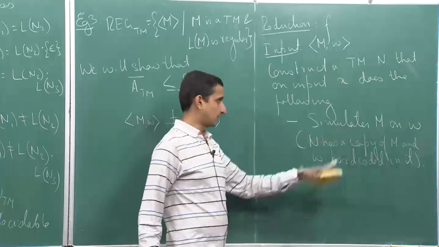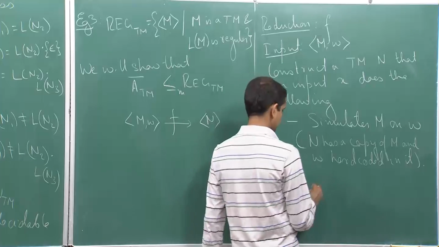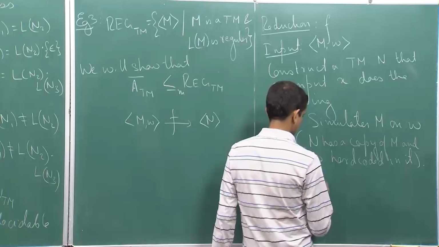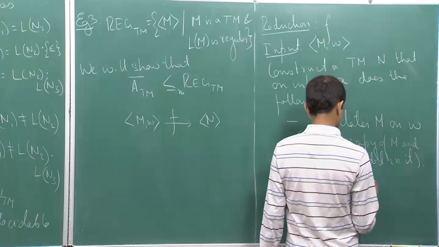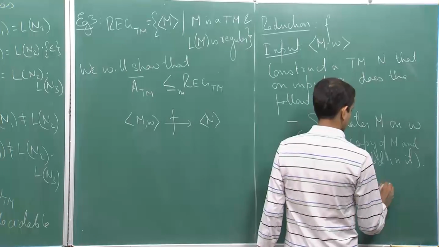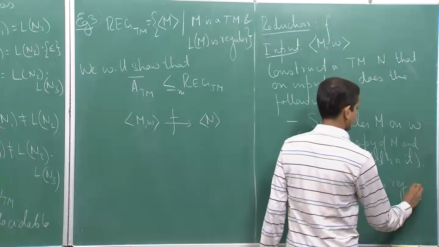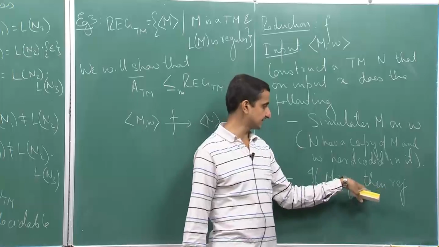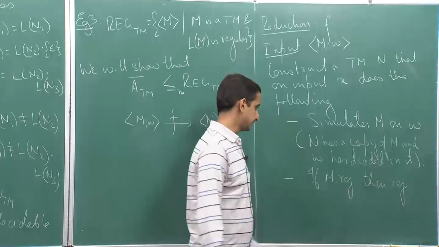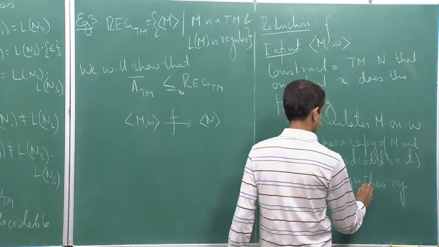So, it simulates M on w. If M rejects, then reject. Okay. So, what the machine N does is, if M rejects w, then it rejects.